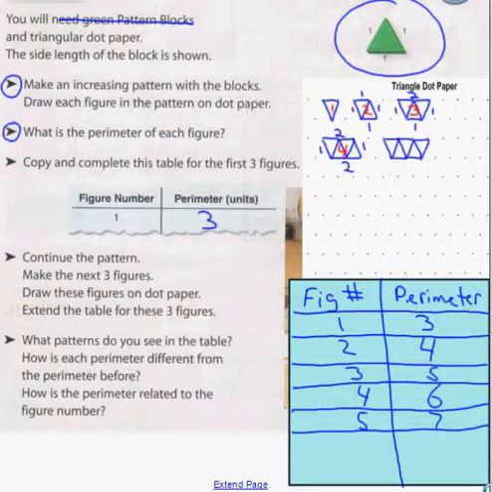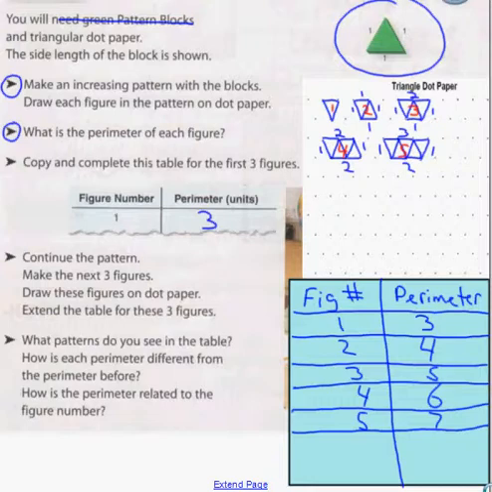And that's figure 5. Let's measure the perimeter. On the bottom I see 2. On the right side I see a distance of 1. On the very top I see a distance of 3. And I see a distance of 1. If you add those all up, you should get 7. 1 and 2 is 3. 3 and 1 is 4. 4 and 3 is 7.